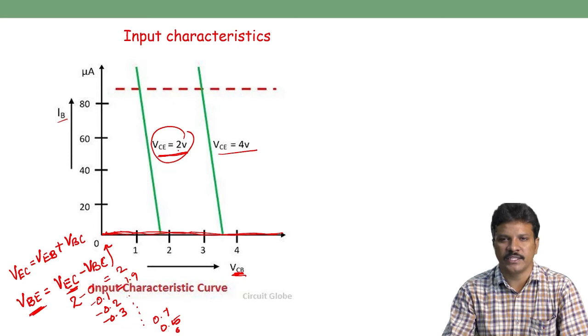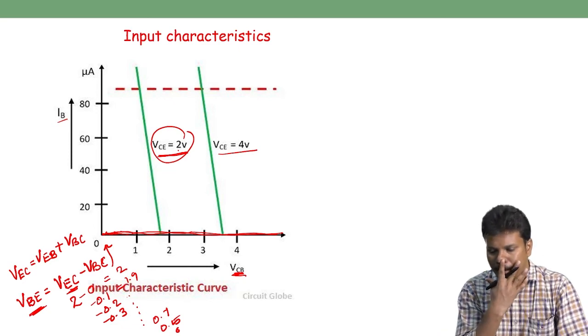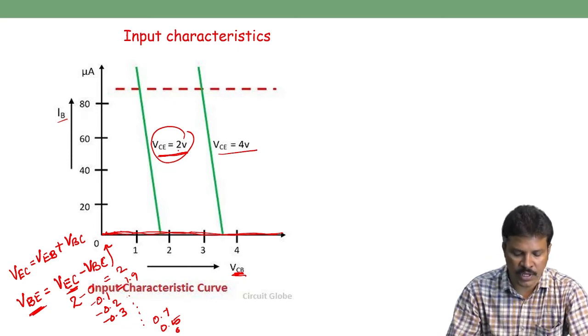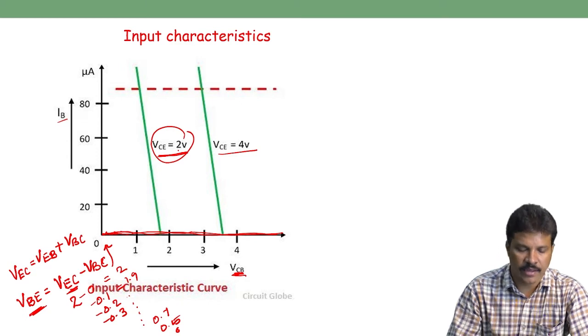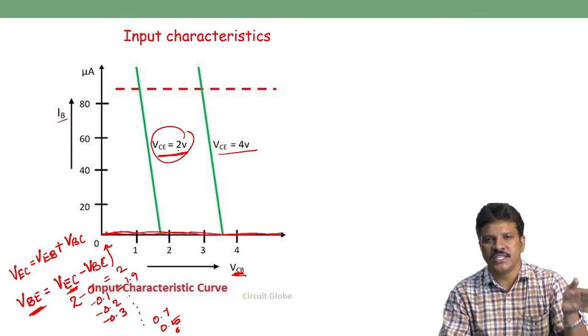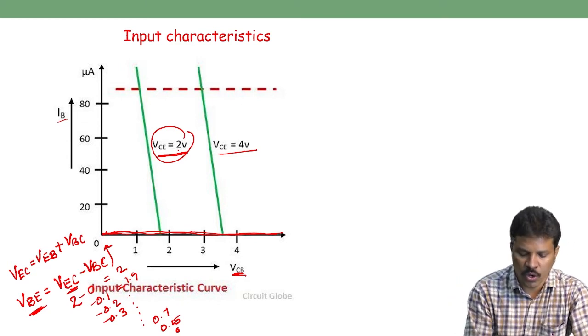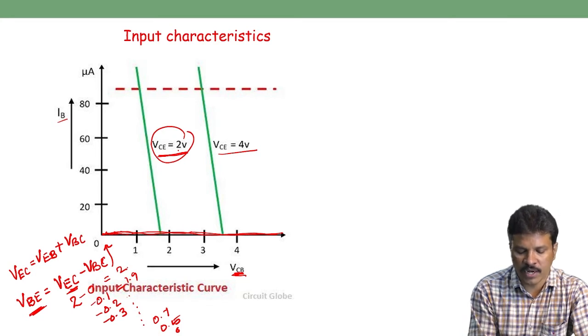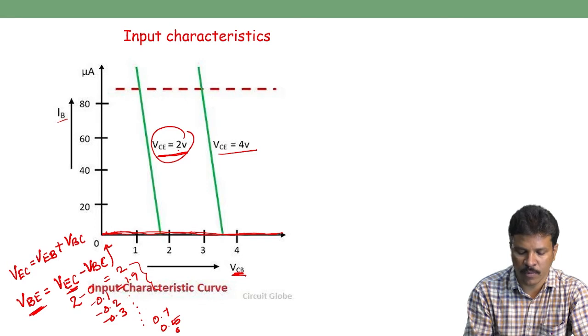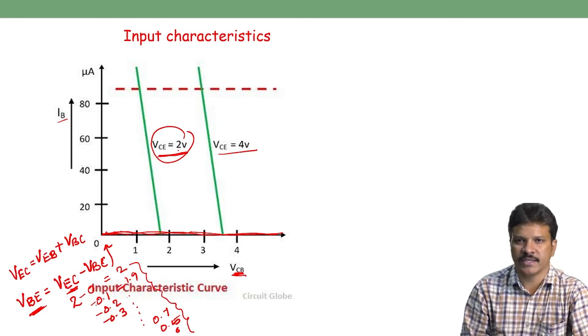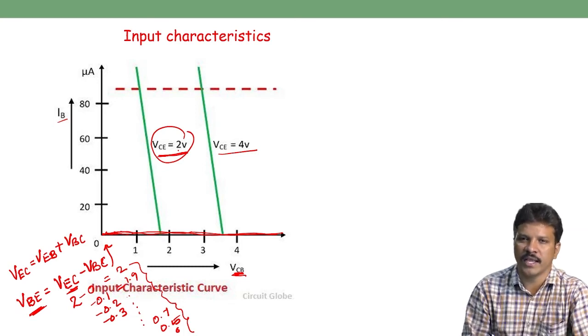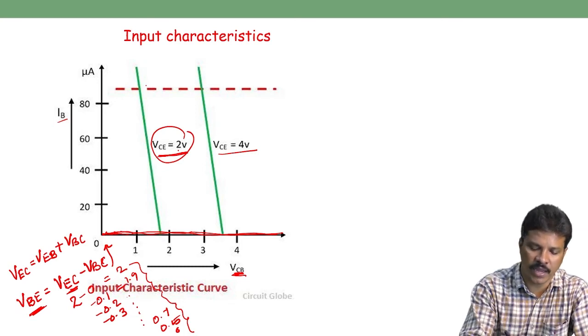When the base to emitter voltage changes from 2 volts, 1.9, 1.8, 1.5, 1.2, 1, 0.9, 0.7, 0.5, the current decreases. The decreased current can be represented by a negative slope.